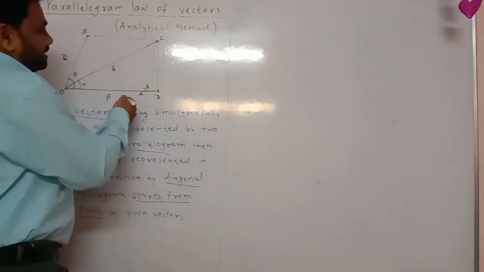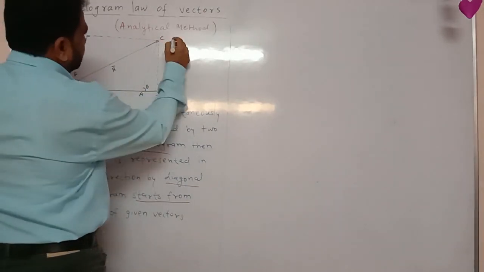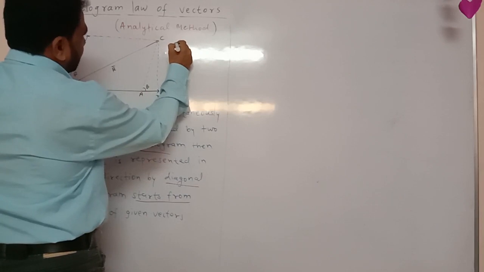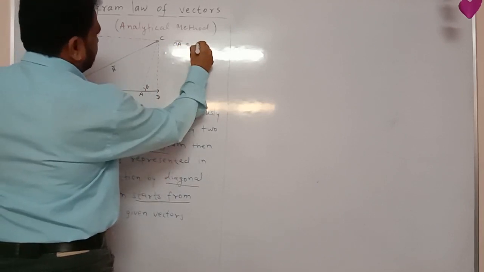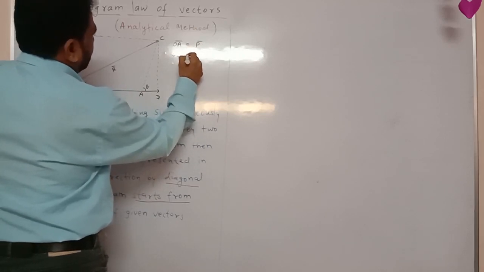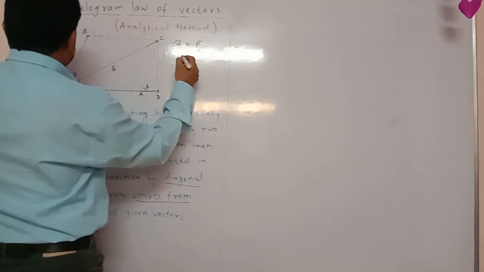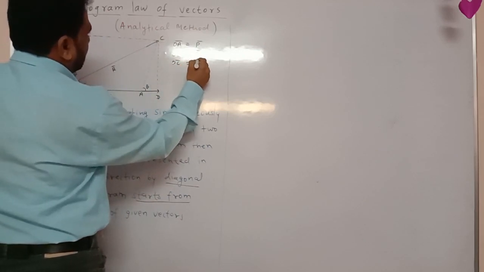What we are considering in this diagram: vector OA is represented by vector P, then vector OB means vector Q, then vector OC, that is the resultant, vector R.